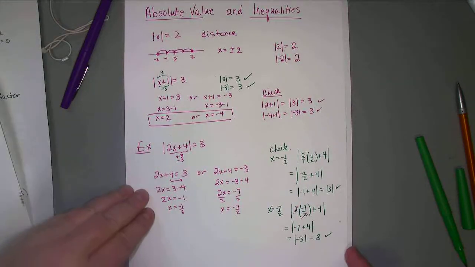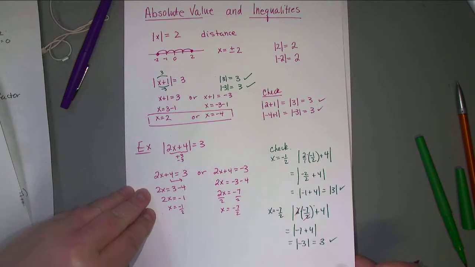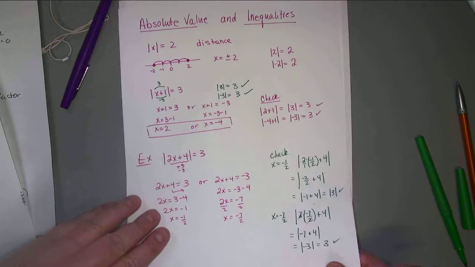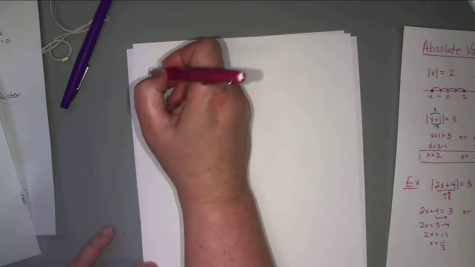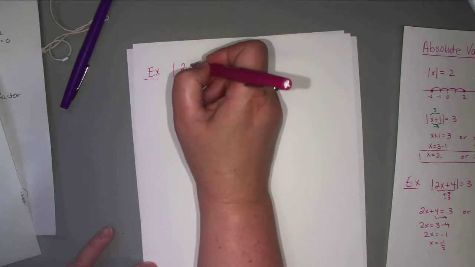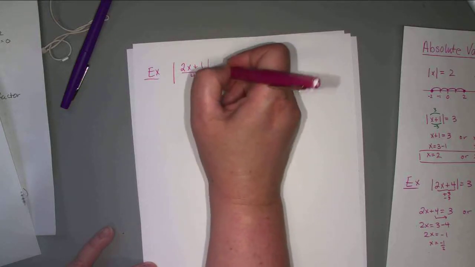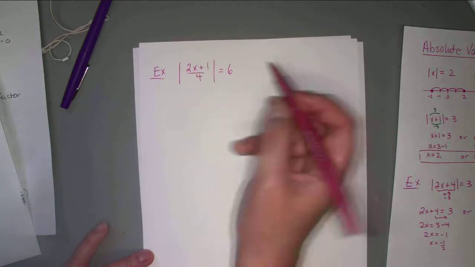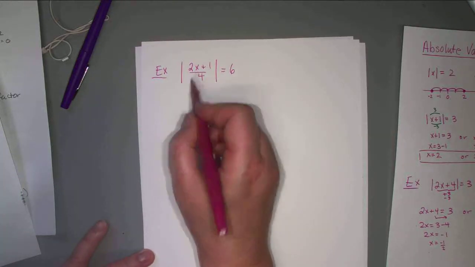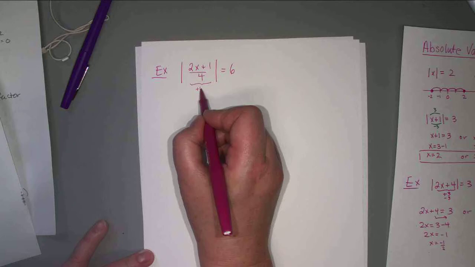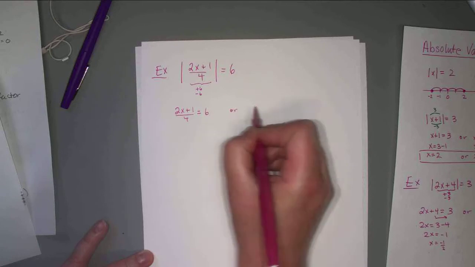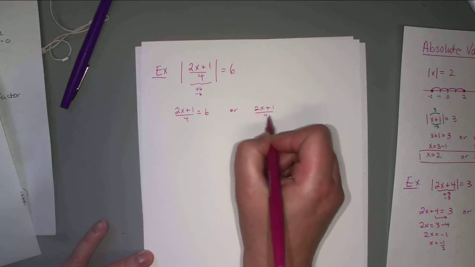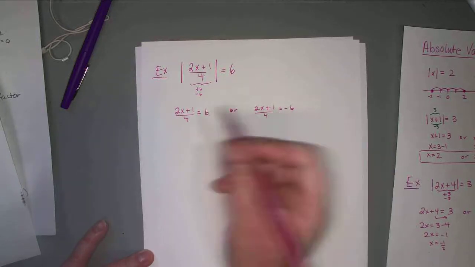Alright, so let's do another example where we put a fraction into the absolute value. Here, the inside of the bracket has to either be plus 6 or minus 6 because we want a distance of 6. So 2x plus 1 over 4 equals 6, or 2x plus 1 over 4 equals minus 6. And we're going to solve these.